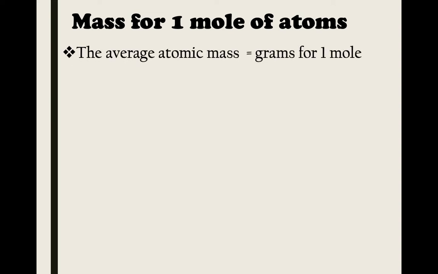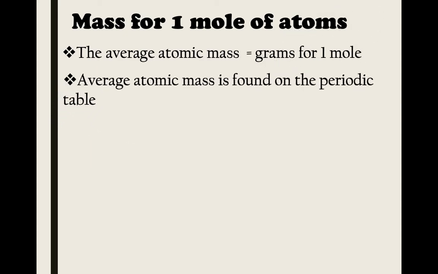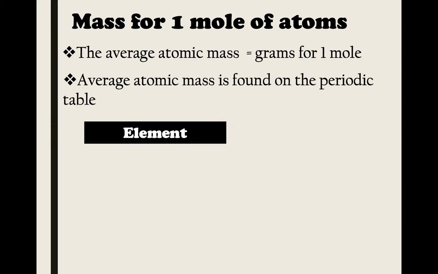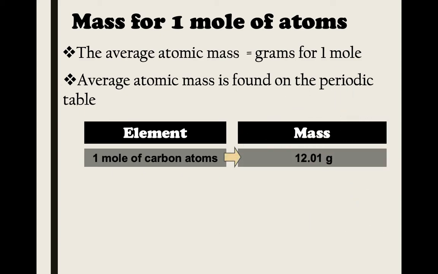So the way that we find this out for atoms is pretty easy. You just look on the periodic table. And the mass that's there, that is how many grams 1 mole weighs. So for example, a mole of carbon, if you look on the periodic table and you find carbon, the mass of 1 mole would be 12.01 grams. If you had oxygen, look on the periodic table, find oxygen.